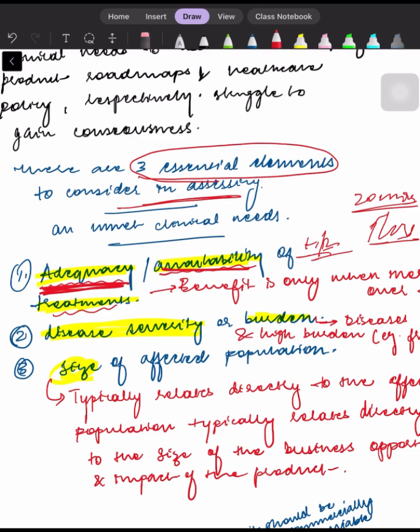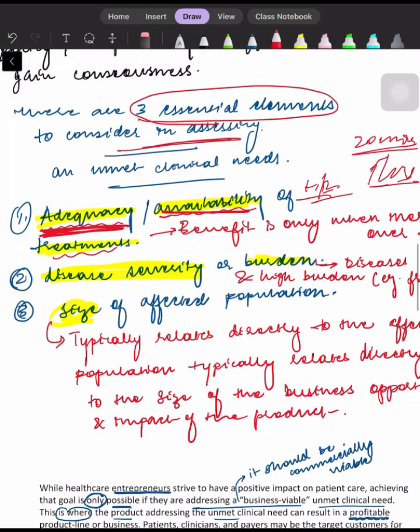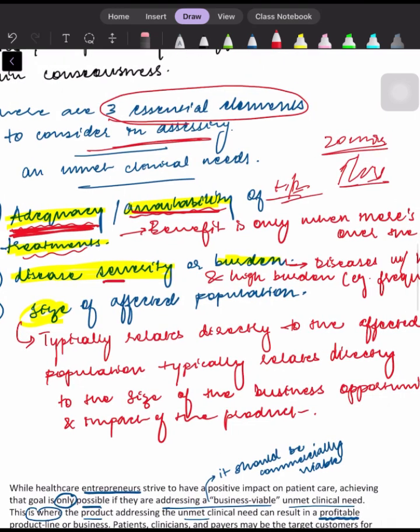Then, another essential element to consider for an unmet medical need is the disease severity or burden. How severe is the disease, and how much of a burden is it going to put on the population, or how many people is it going to impact?